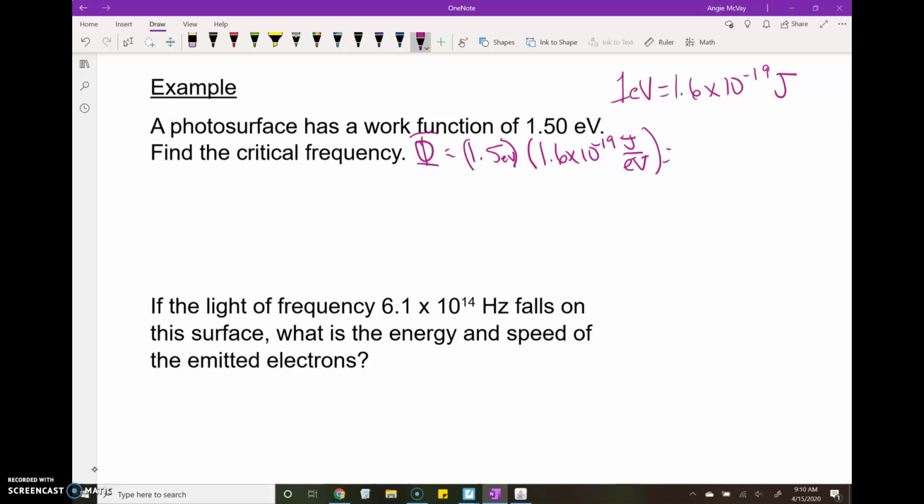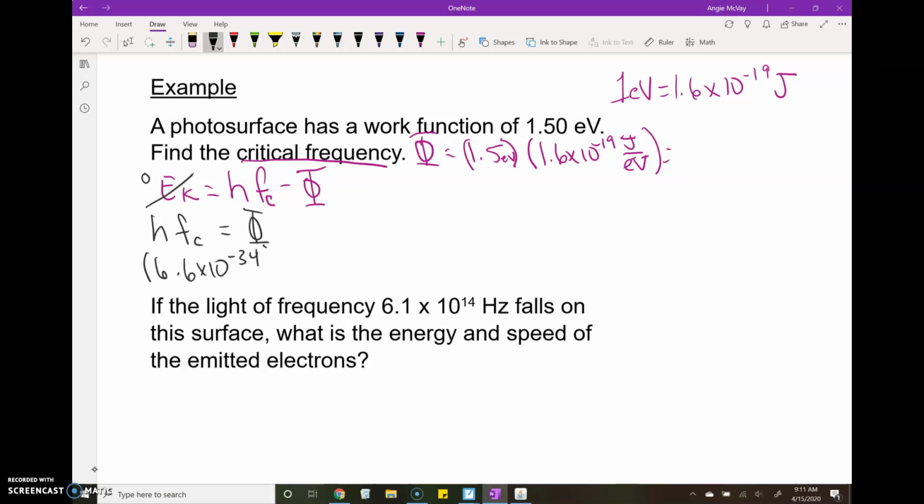And so we can say that the kinetic energy of our emitted electron is hf minus the work function, but we know at the critical frequency, the kinetic energy is 0. So we get h f_c equals the work function. Planck's constant is 6.6 times 10 to the minus 34.